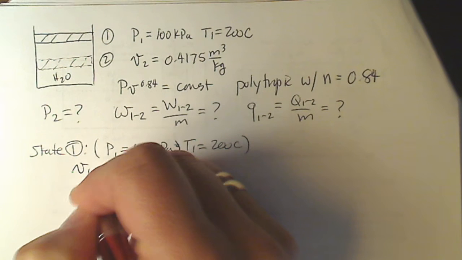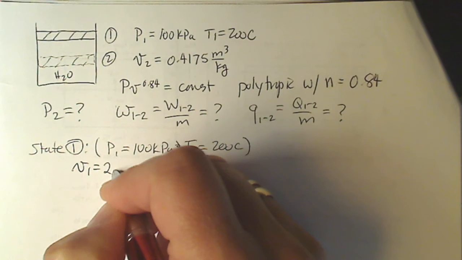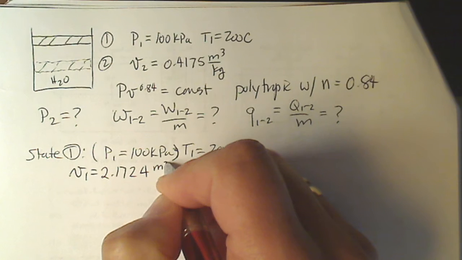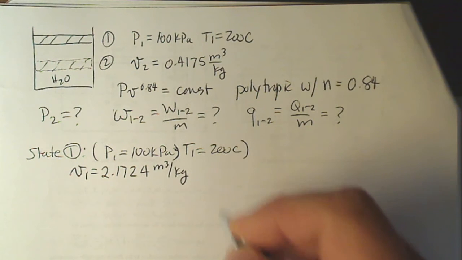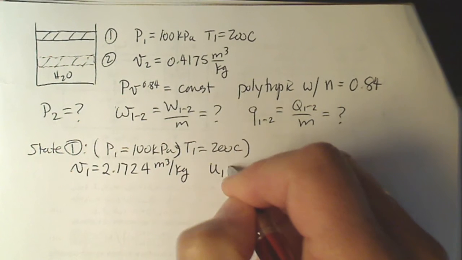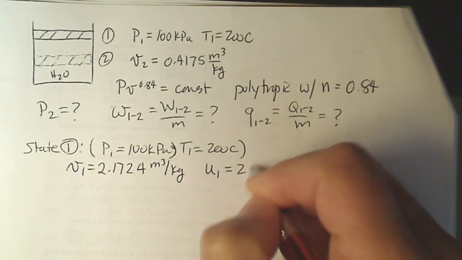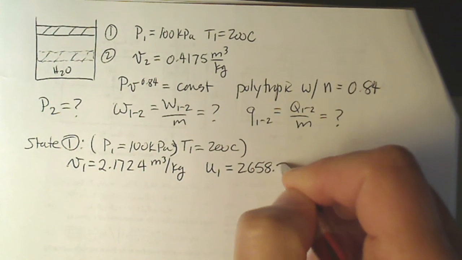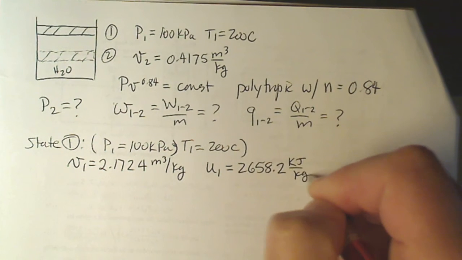The specific volume 1 is 2.1724 meters cubed per kilogram. And I'm going to go ahead and write down internal energy 1 is equal to 2658.2 kilojoules per kilogram.